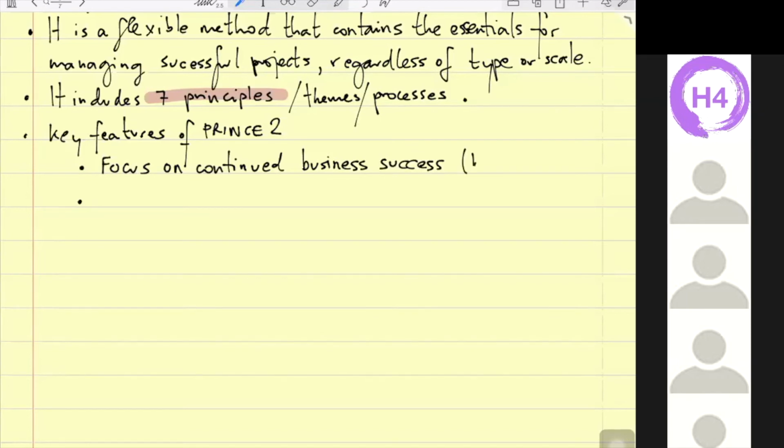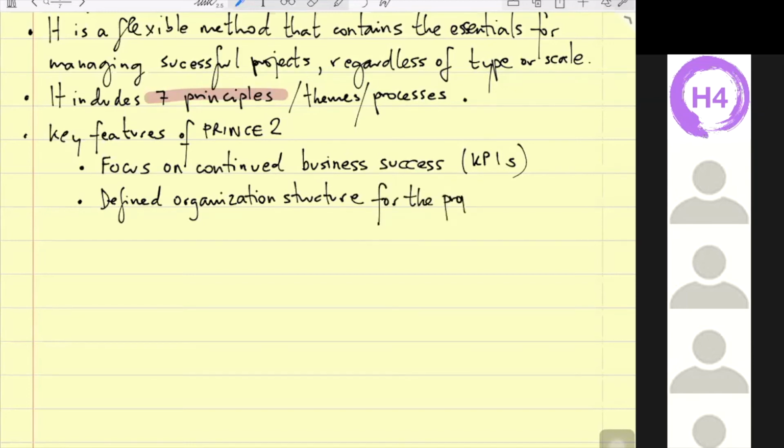However it's defined, we measure it with the KPIs. It has a defined organization structure for the project management team.